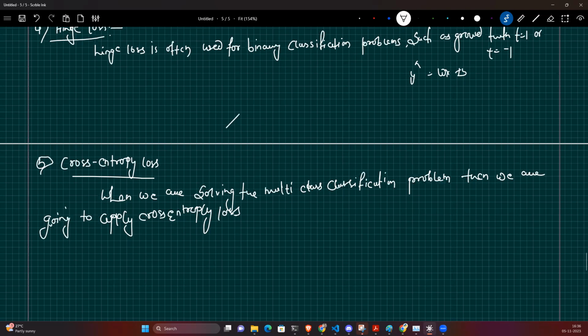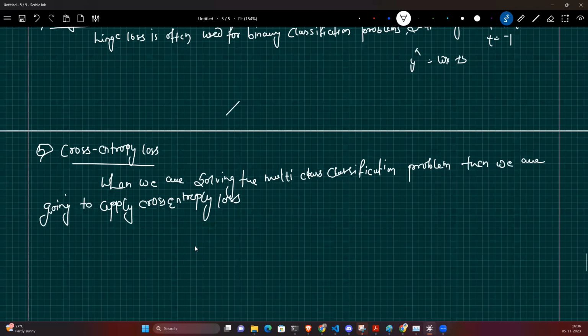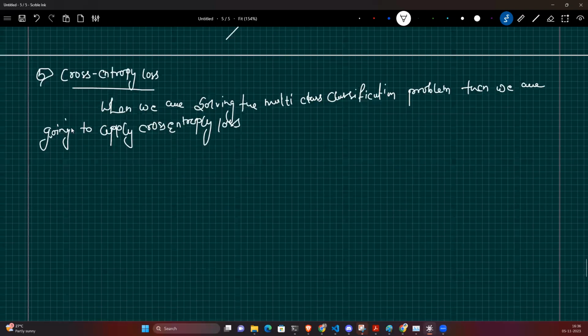Okay, so this is called cross entropy loss, and coming to another loss function, which is called sigmoid cross entropy loss, sixth number.